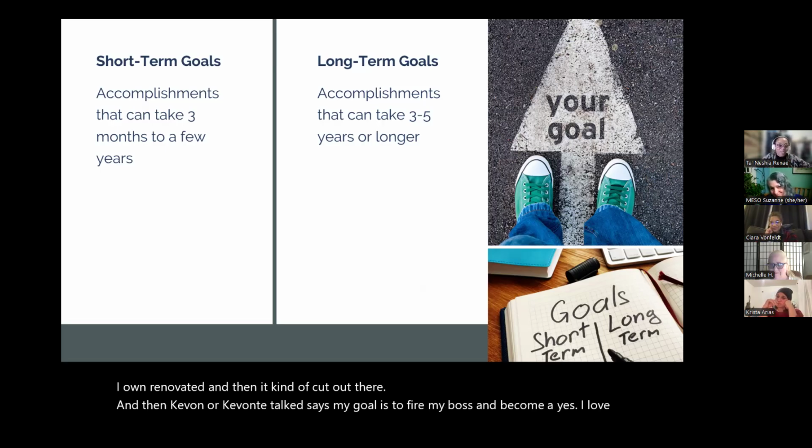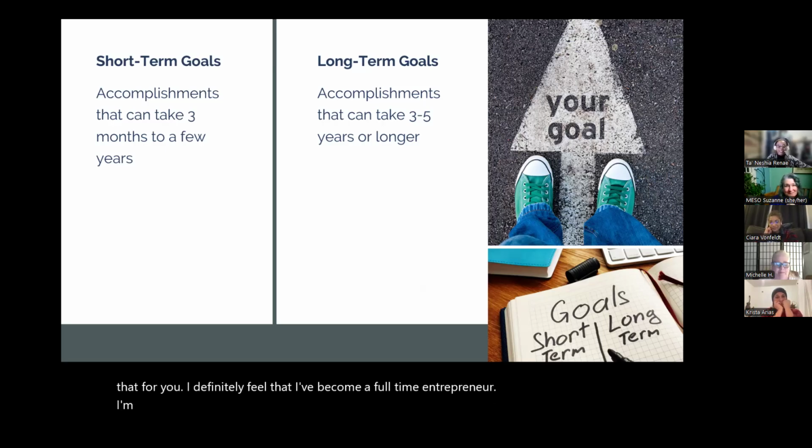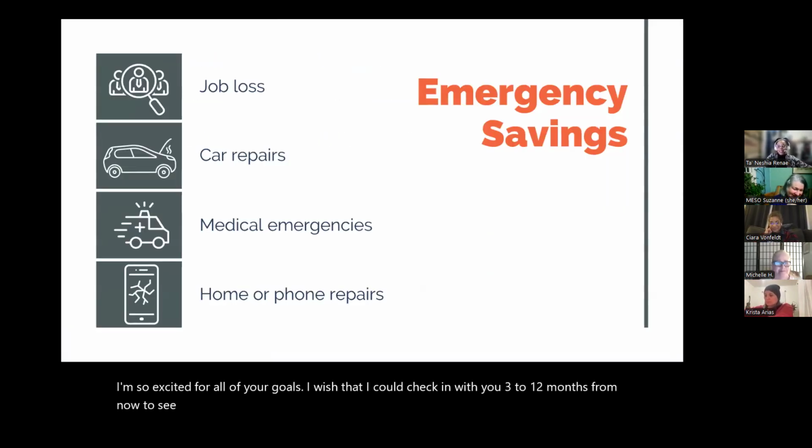I definitely feel that, and become a full-time entrepreneur. I'm so excited for all of your goals. I wish that I could check in with you 3 to 12 months from now to see where you all are. So that's awesome.